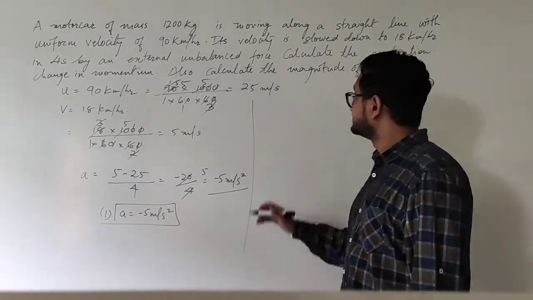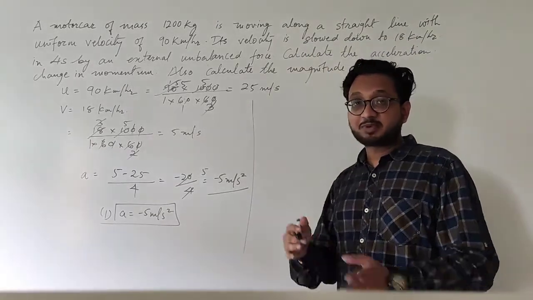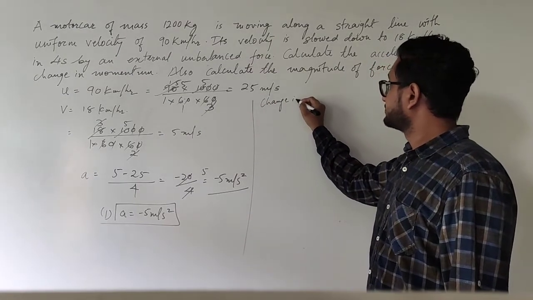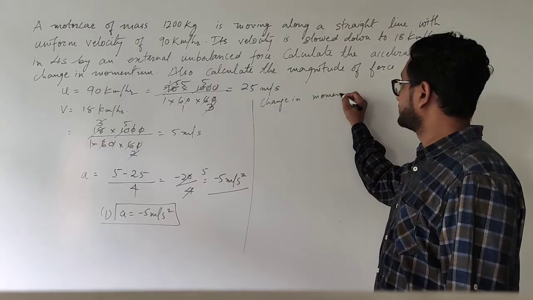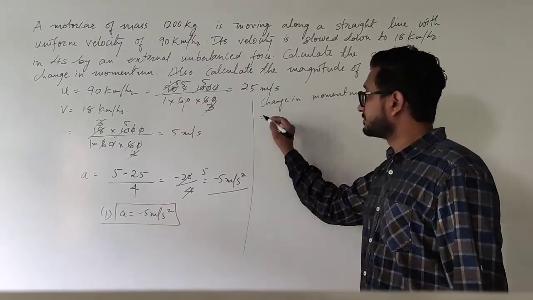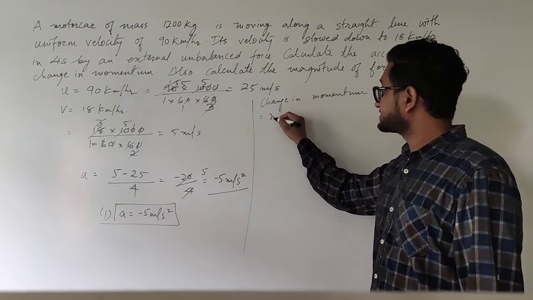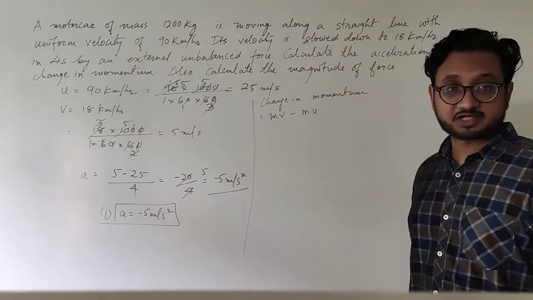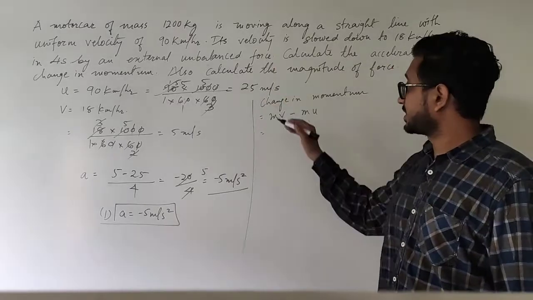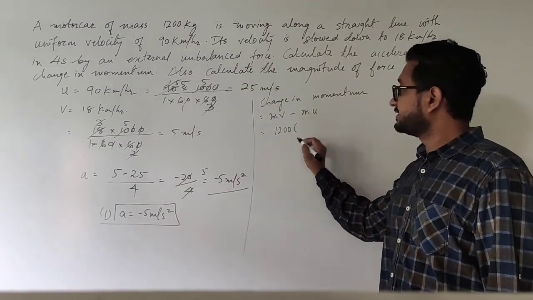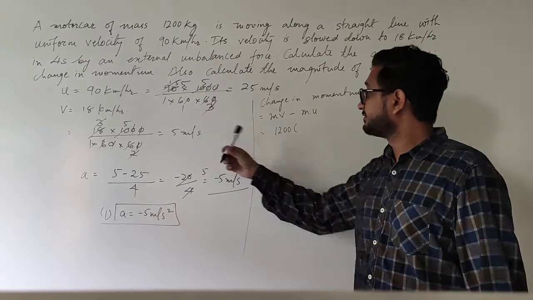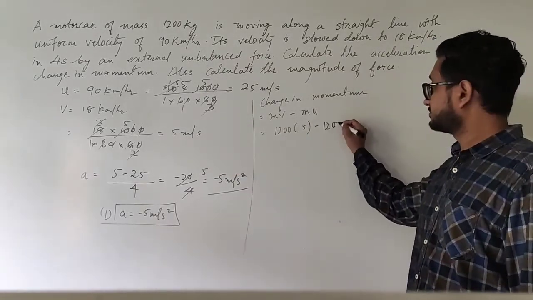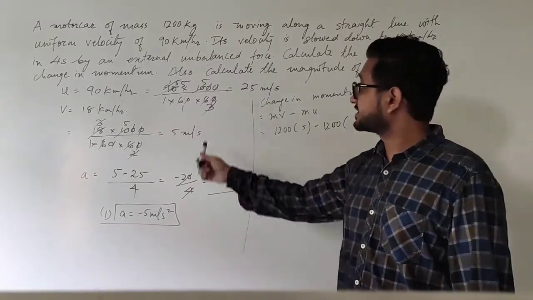Finding the momentum, change in momentum. So final momentum minus initial momentum. So change in momentum. Final momentum, that is mass into final velocity, minus initial momentum, mass into initial velocity. So this becomes mass is 1200 into, what is final velocity? 5, minus mass is 1200 into initial velocity 25.